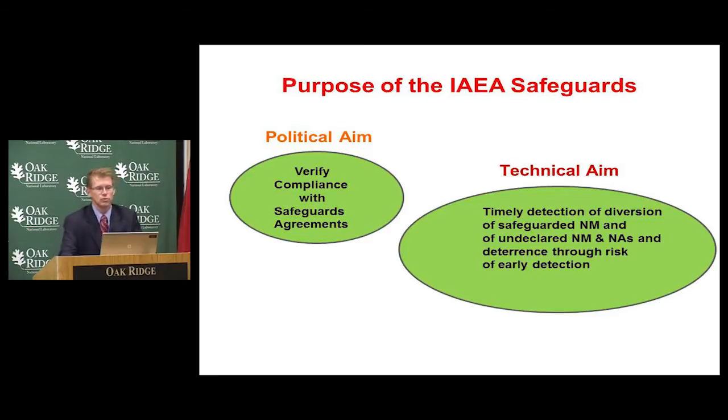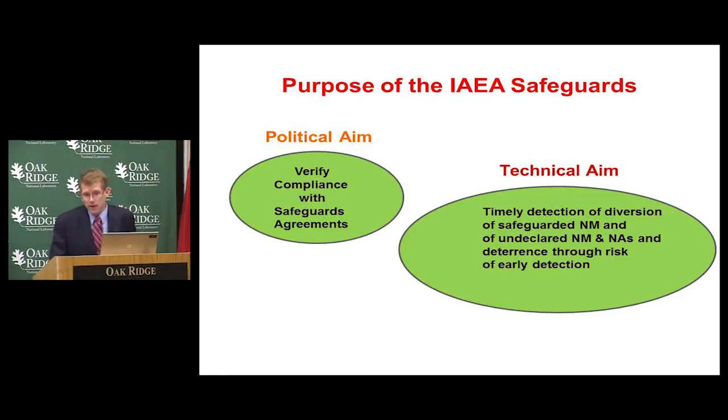So there are 2 ways of looking at this. Just from the political perspective, a country signs an agreement with the agency that invites the agency to apply safeguards to its facilities. So that political aim is to make sure that the countries are complying with the terms of the safeguards agreement.